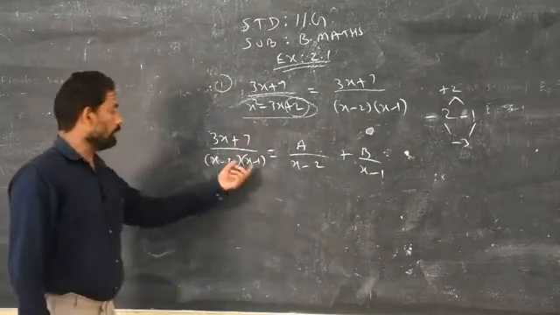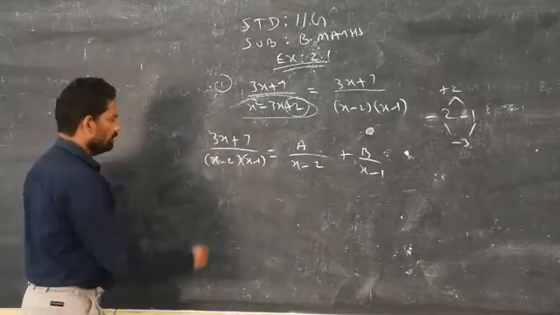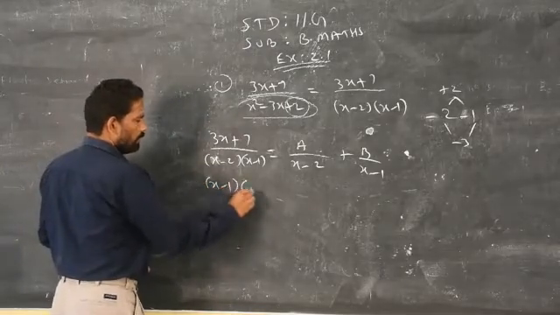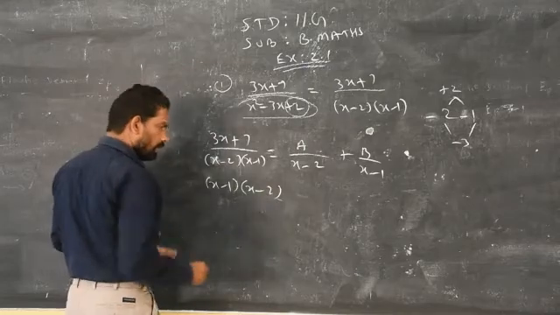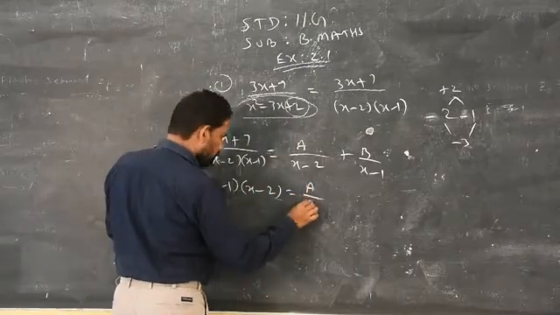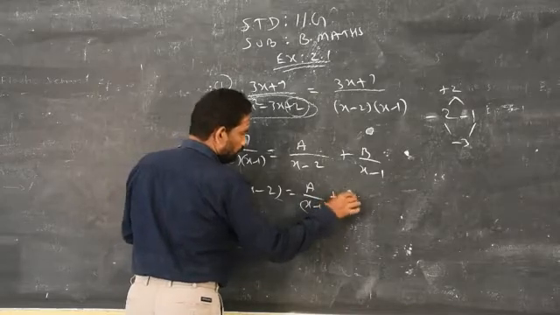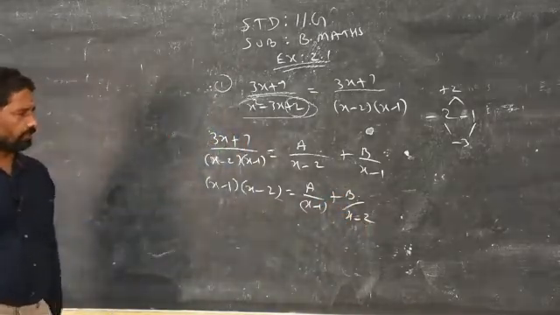Sir, why don't you write x minus 1 into x minus 2? You can write, no problem, nothing wrong. Some of you may have a doubt, why don't you write the second factor first and the first factor second? You can write. In this case, you will have a by first factor and b by second factor. You never get different answers. Clear?